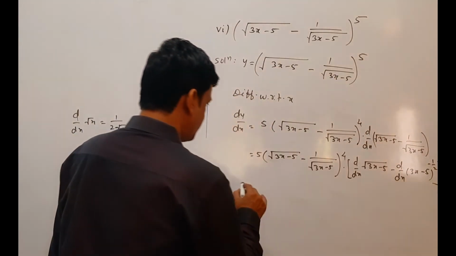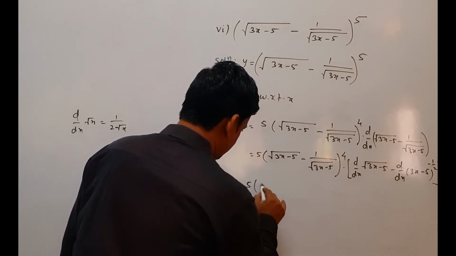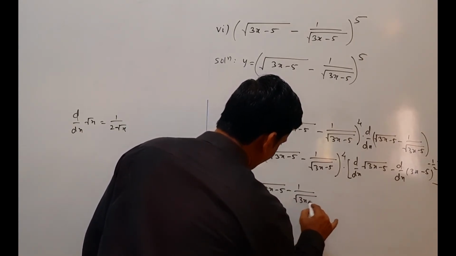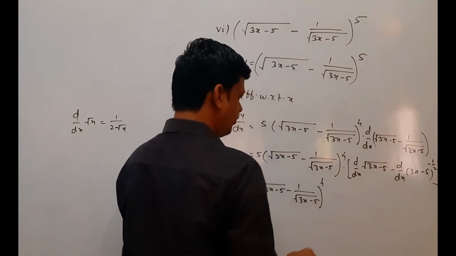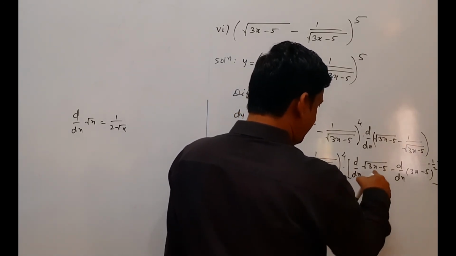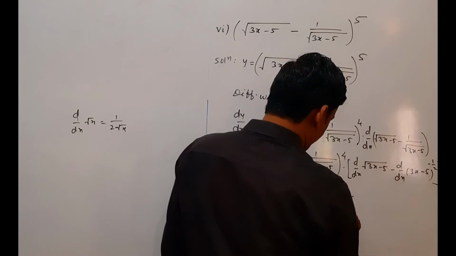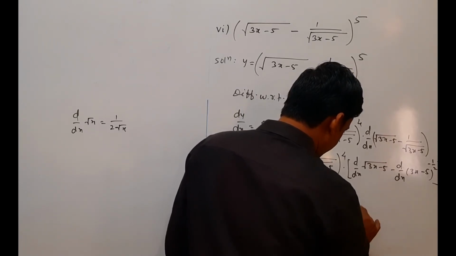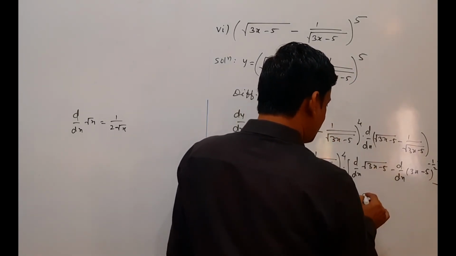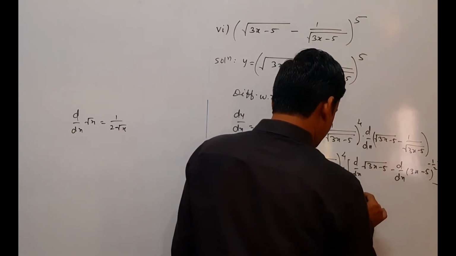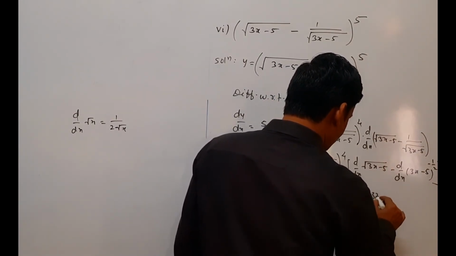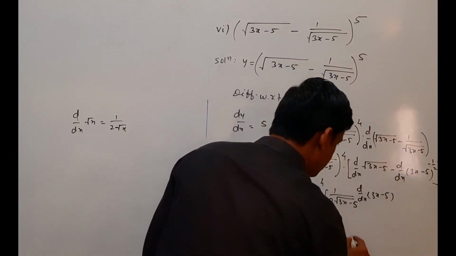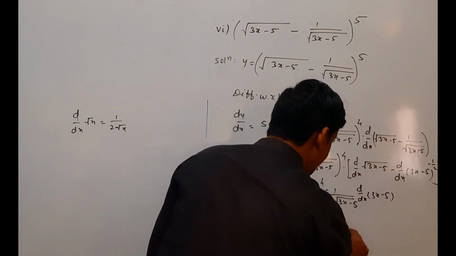So we write this equals to 5 in bracket root 3x minus 5 minus 1 upon root 3x minus 5 bracket raised to the power 4. So we write here derivative of root is 1 upon 2 root. So we write 1 upon 2 root 3x minus 5 into derivative of this 3x minus 5. So minus, we write this power 1 by 2 in multiplication.